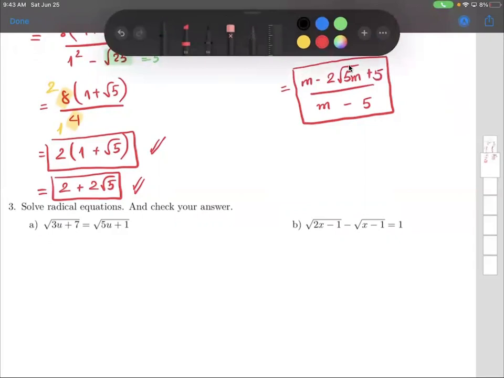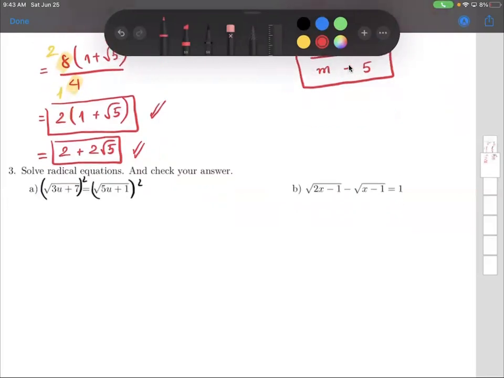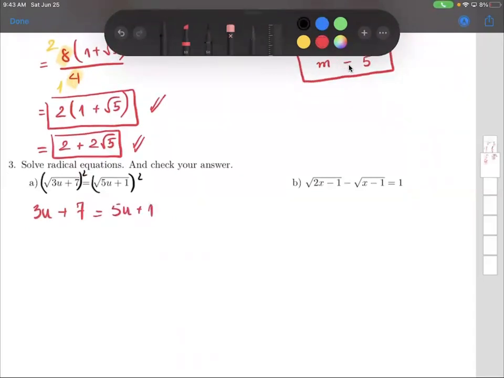Use black here. Square both sides so that the square and square root cancel. So 3u plus 7 equals 5u plus 1. Subtract 3u. Some other people subtract 5u. Just that I don't want my u to have a negative coefficient. Cancel.